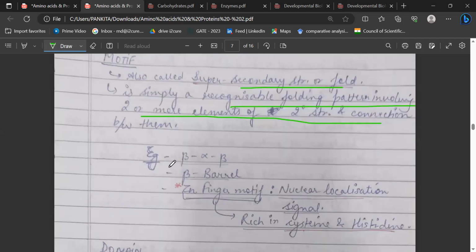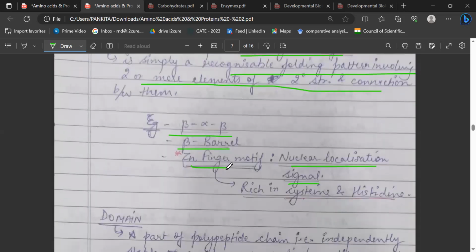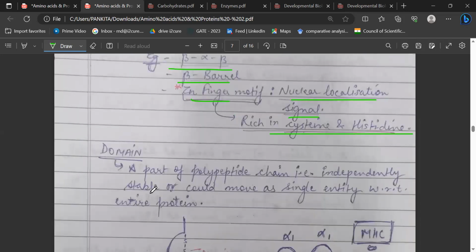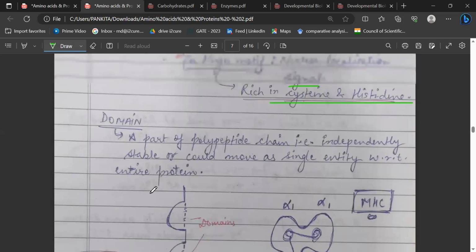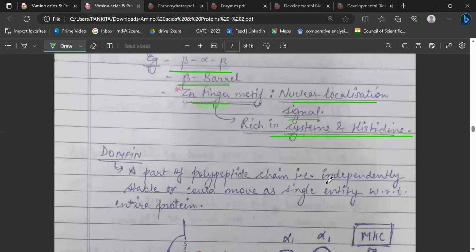For example, the examples of motif are beta-alpha-beta, where three kinds of secondary structure are connected, the beta barrel, and then there's the zinc finger motif, which is involved in a nuclear localization signal, and this zinc finger motif is rich in cysteine and histidine. Coming on to domain, it's a part of a polypeptide chain that's independently stable or could move as a single entity with respect to the entire protein.